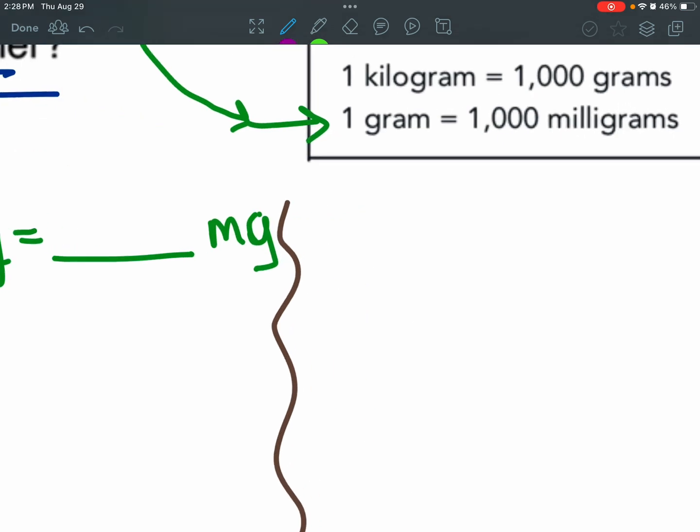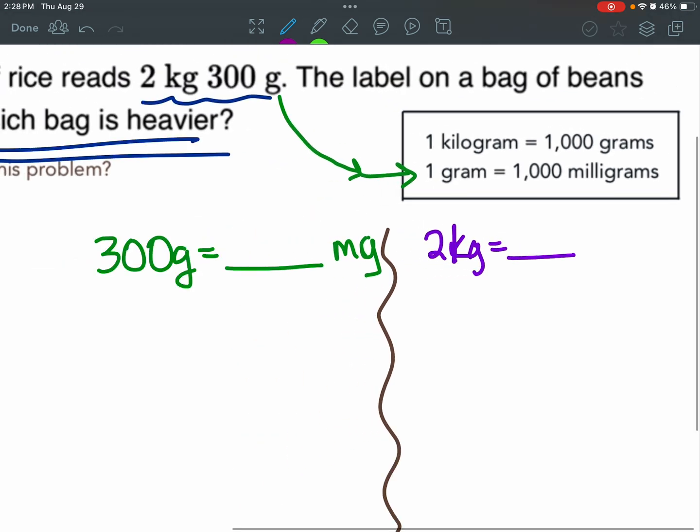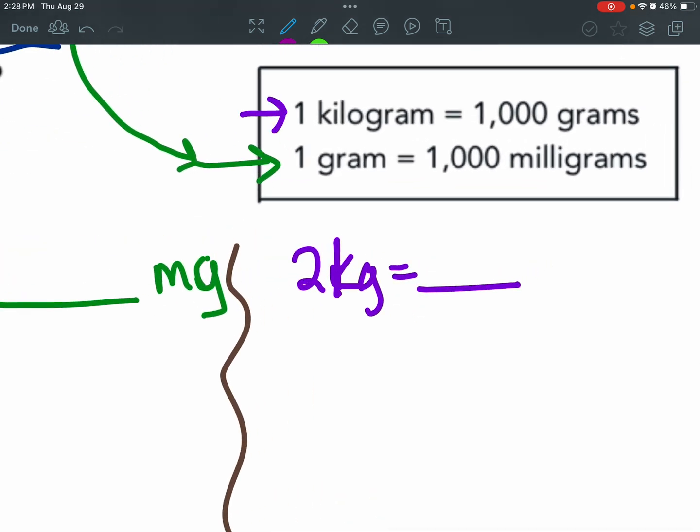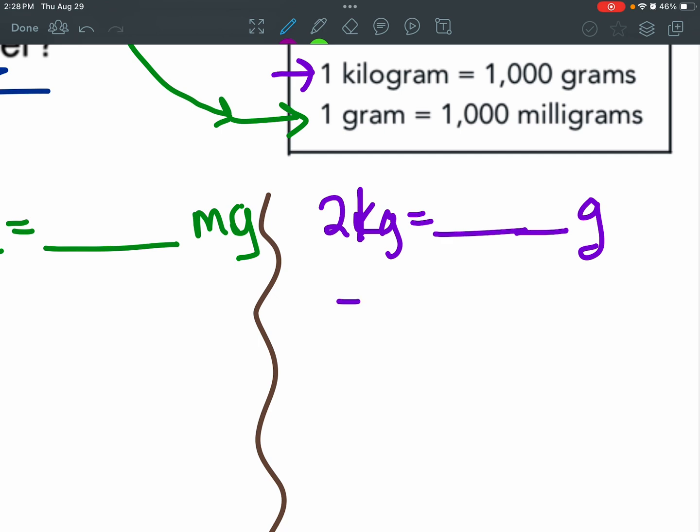So the other one, we're going to take 2 kilograms. And we're going to have to use this first. We're going to convert it to grams first, and then we're going to convert grams to milligrams. So let's start with that one. So first off, we break it into our 2 factors.